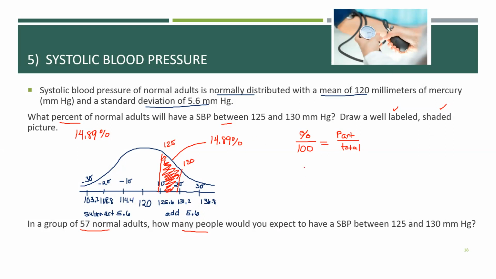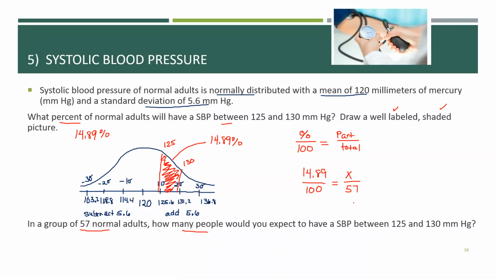So I know the percent, so I will put 14.89 over 100. In the second fraction, I do not know the part. They're asking me how many people that would be, so that's where I'll put my X. And then I do know the total is it's out of the group of 57.